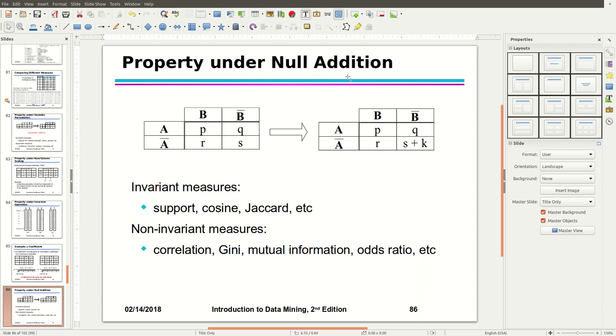So this is property under null addition. So support, cosine, Jaccard are not going to be affected because they only count things that are related to it. But others like Gini, mutual information, odds ratio, correlation will be affected. So depending on your requirements, this is something to consider.